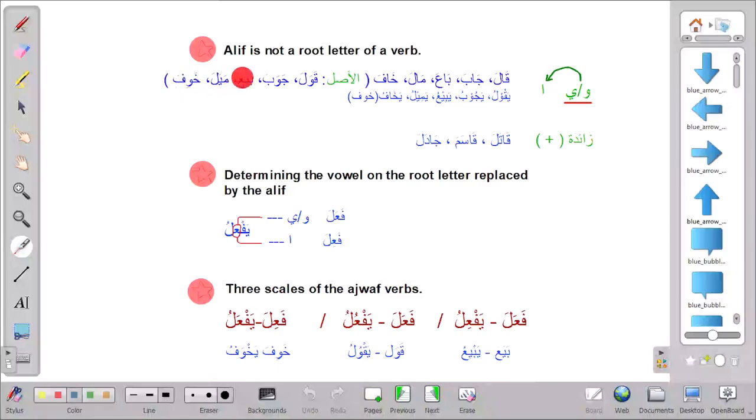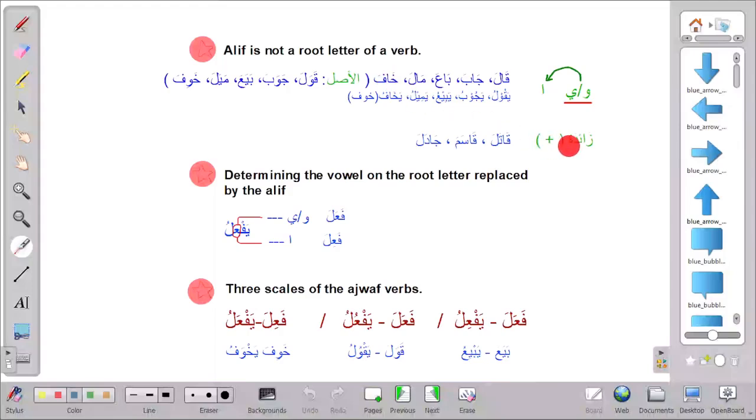We'll look at how the vowel is also determined. So in simple terms, if the mudore still has fatha, still has alif instead of waw or ya, you need to look at the masdar to determine the actual letter which was replaced by the alif. I hope that is clear.